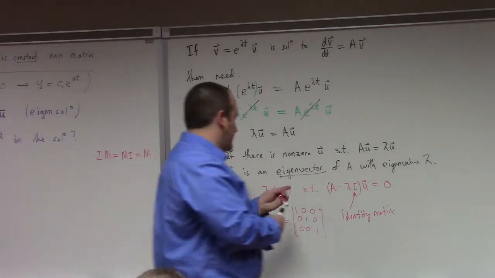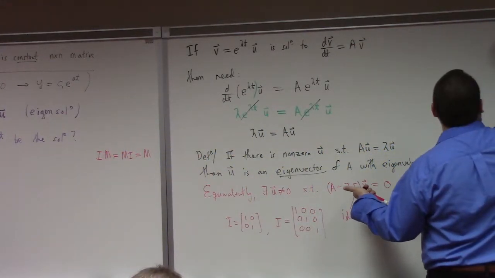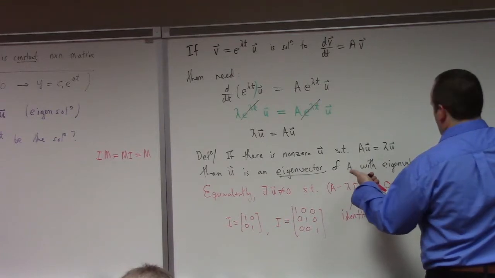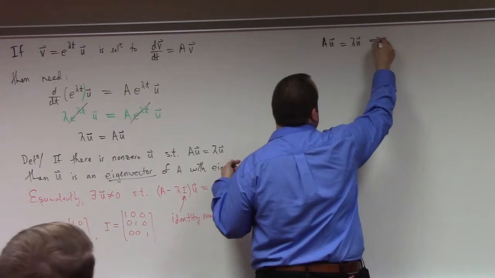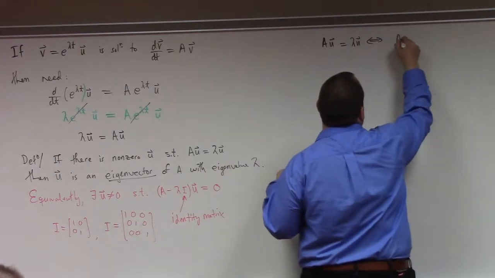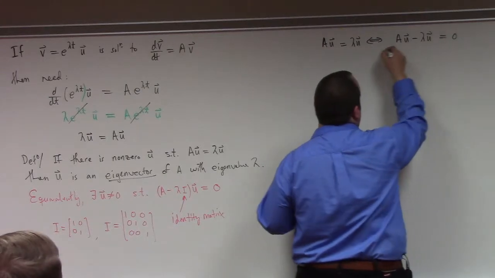So if you don't see what's in red, I can go through the steps since we're starting here. So Au equals lambda u implies that Au minus lambda u equals 0, right?